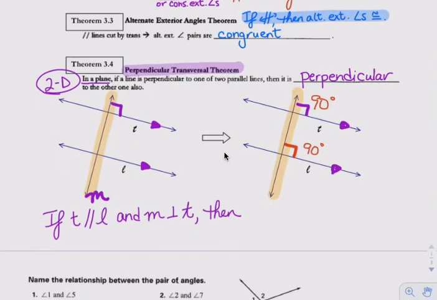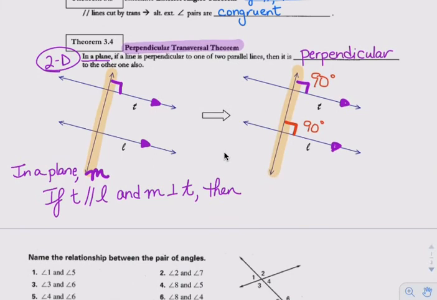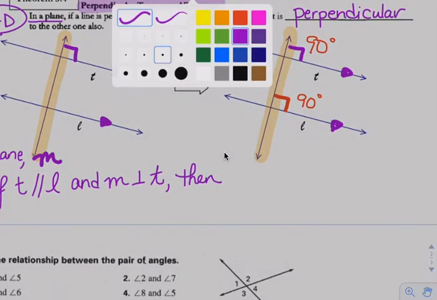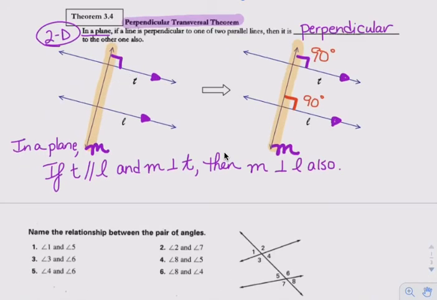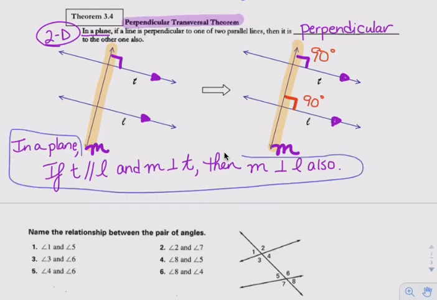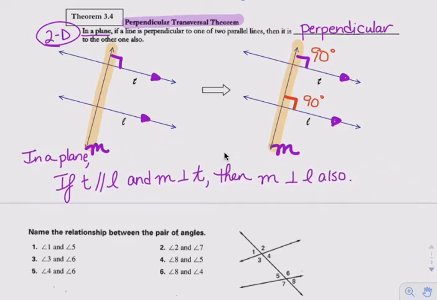So if T is parallel to L and M is perpendicular to T, I should say in a plane, then, I forgot to label M here, then M is perpendicular to L. Awesome. This is called the perpendicular transversal theorem. I'm going to move this down a little bit. It's kind of clogged up in the picture here. About right there.